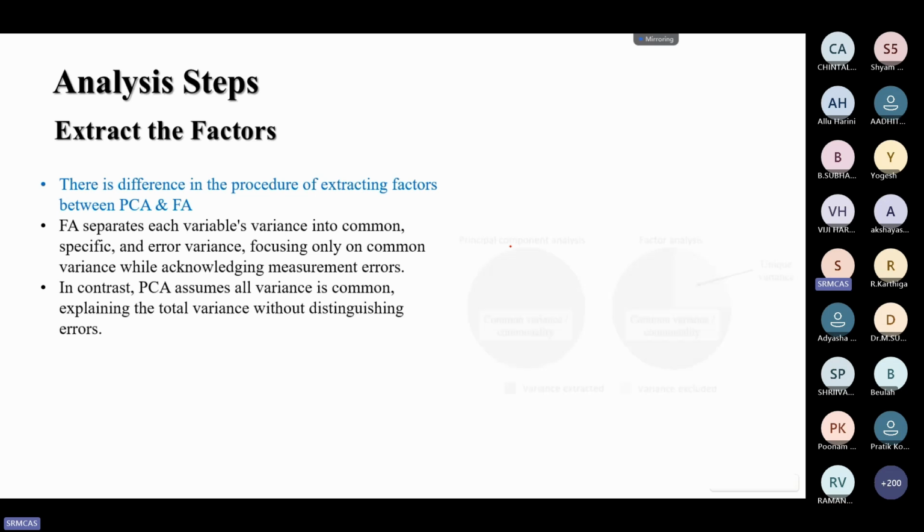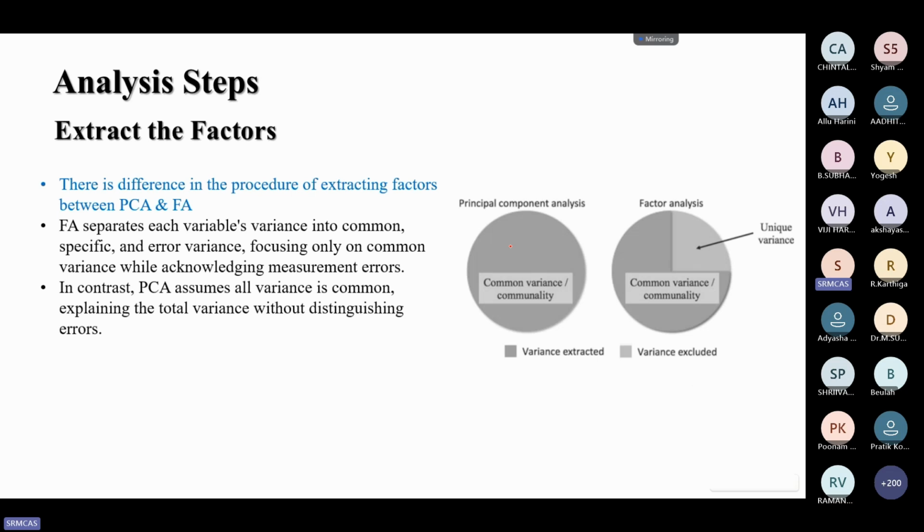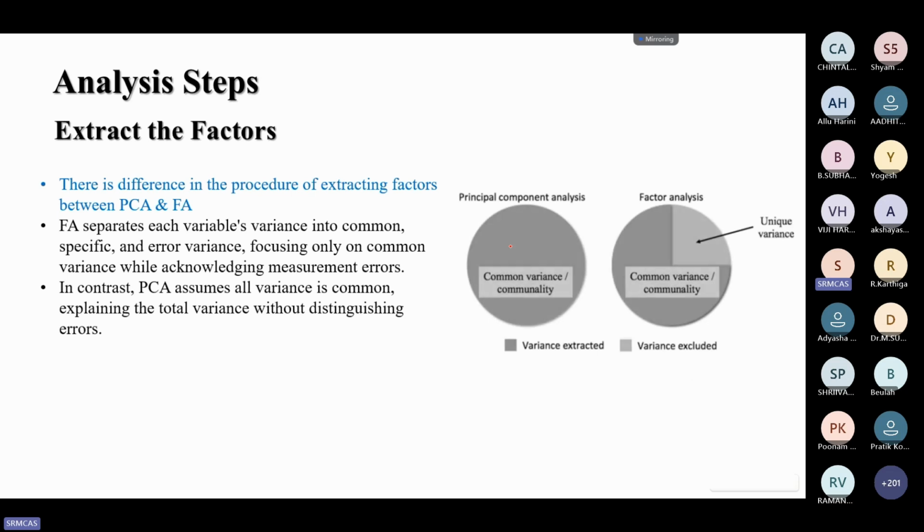Let me explain this with these diagrams. For principal component analysis, it considers all variances obtained from the different variables as common. It will not consider any separation for the variance associated only with the variables, not common variance or error variance.